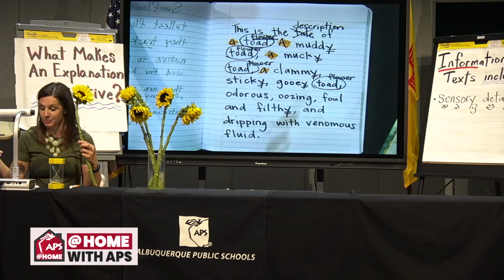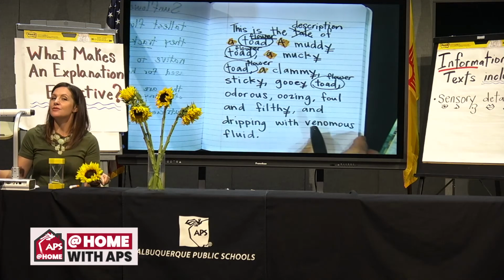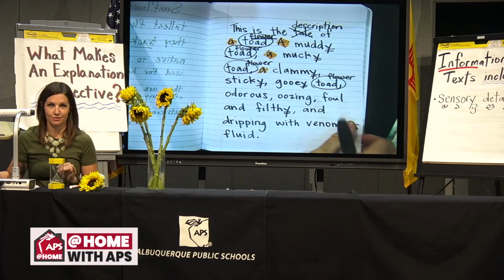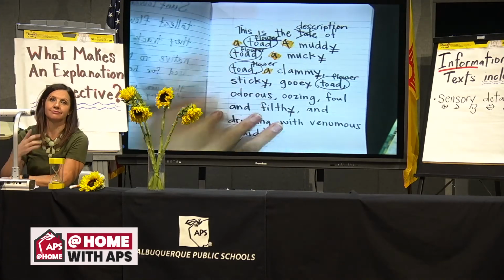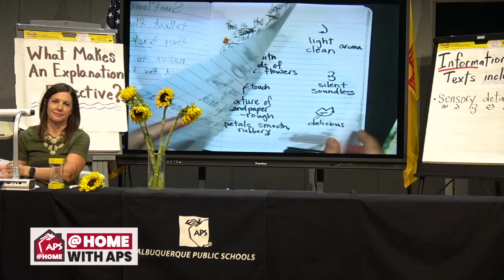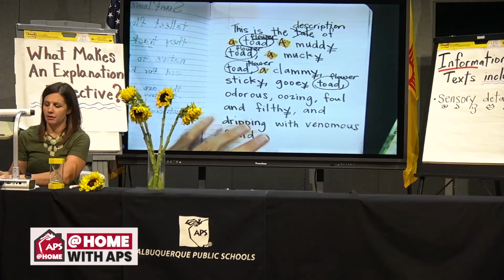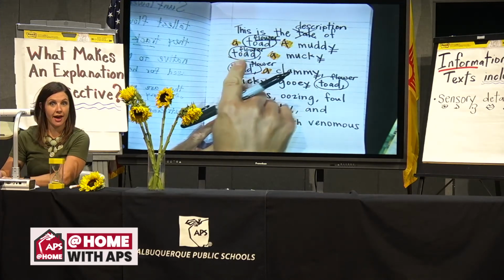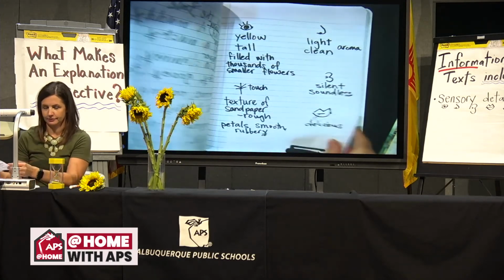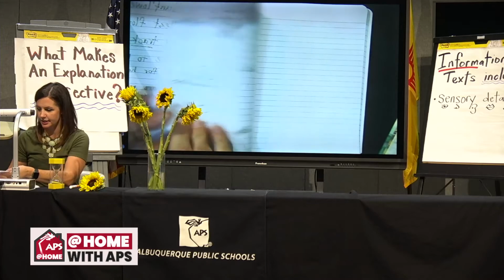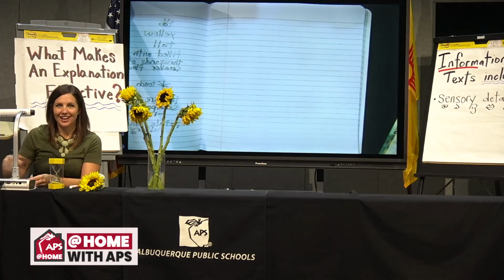This is the description of a flower. If you are writing about a bird that you see, maybe you could say this is the description of a bird. If you want to write about your brother, this is the description of a brother, a boy. Don't call him a toad, that's not nice. So let me get writing.